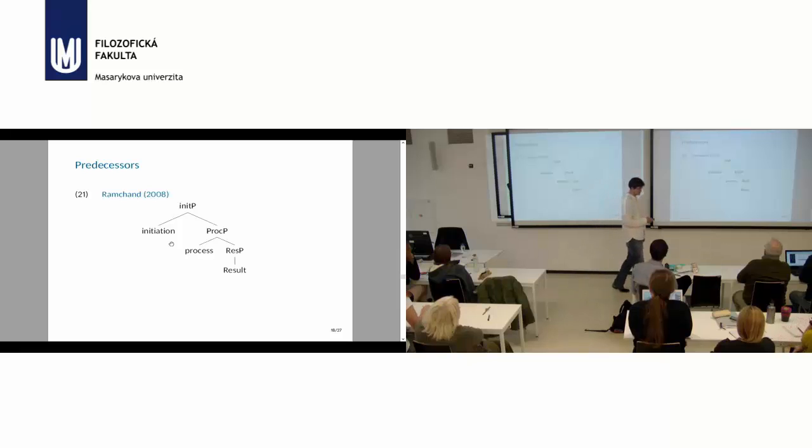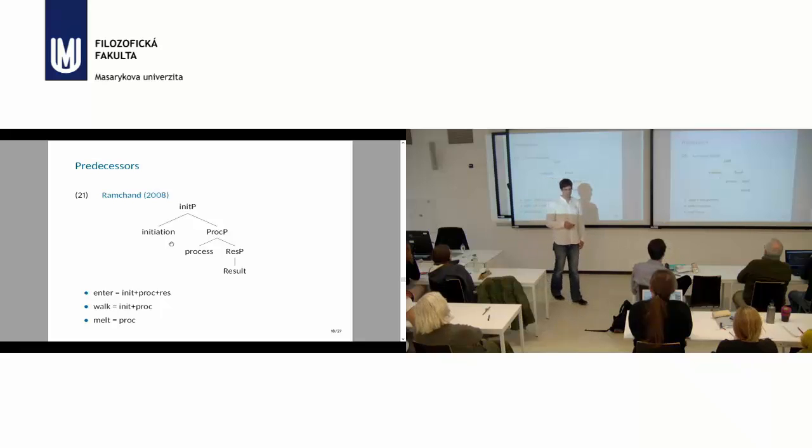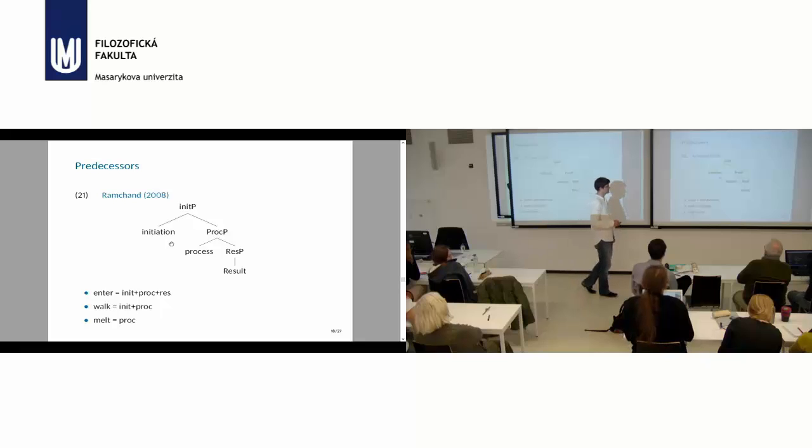Okay? And that depends on other things. And processes can also lead to results. Okay? And here's just a couple of examples of how she sort of classifies what used to be called the lexical categories simply as various collections of functional categories.